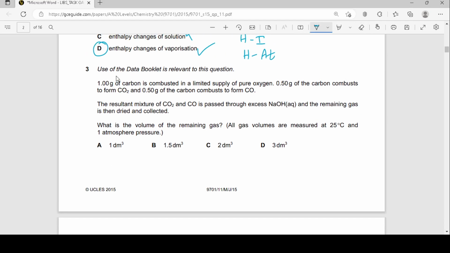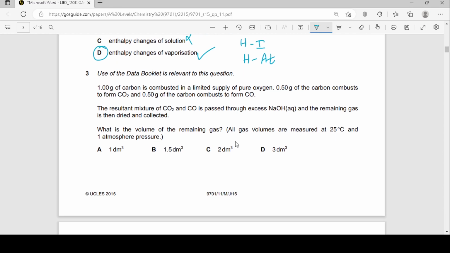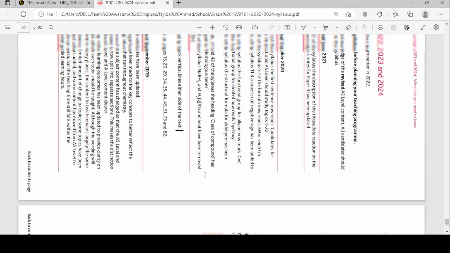So what are they saying? Use of the data booklet is relevant to this question. Okay, what I can do is maybe open up my data booklet over here. Let me try to find it on my desktop. All right, so maybe that would help.